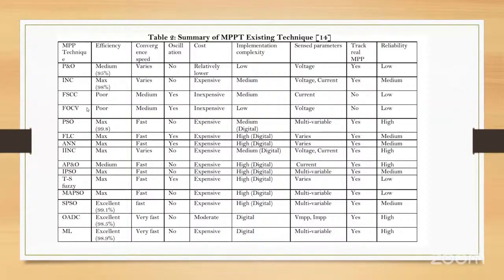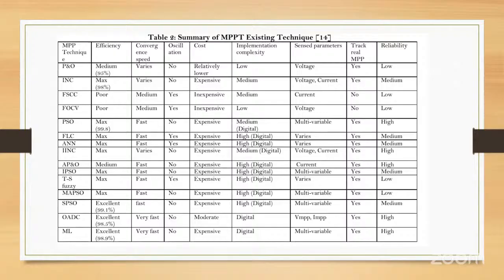And then the FSCC is very poor in efficiency, medium in convergence, oscillations are there, cost is inexpensive, medium in implementation, the parameter is only current, it cannot track in real time, and it is less reliable. Similarly, FOCV also.